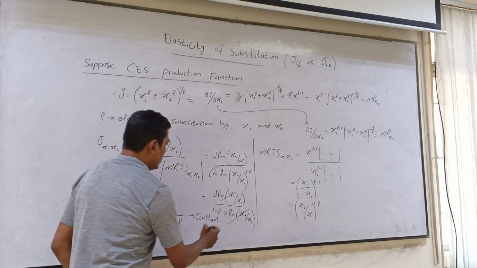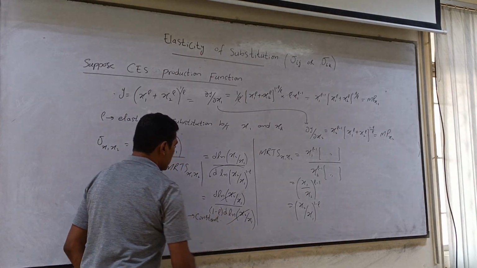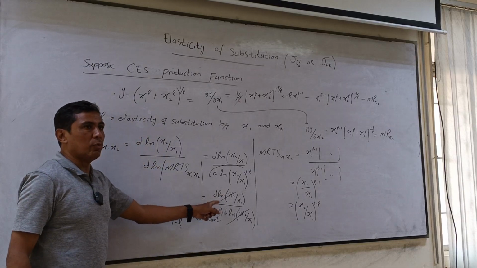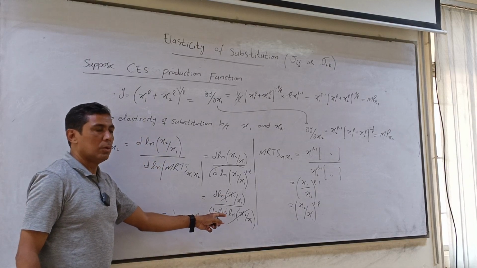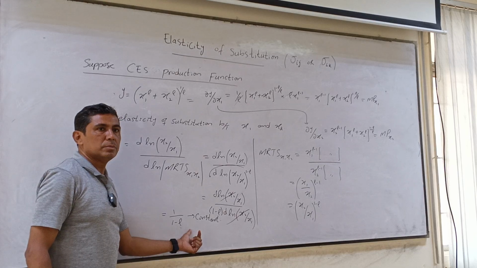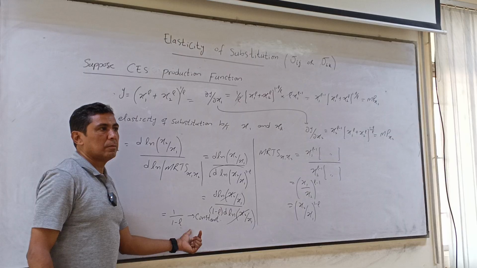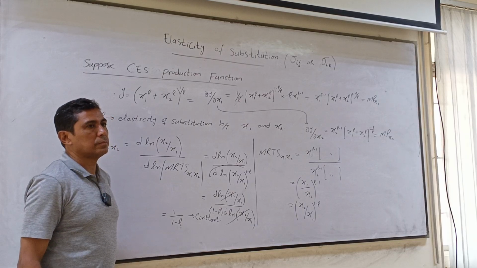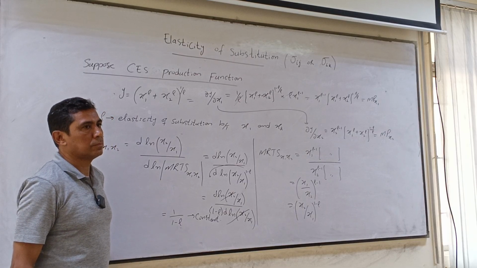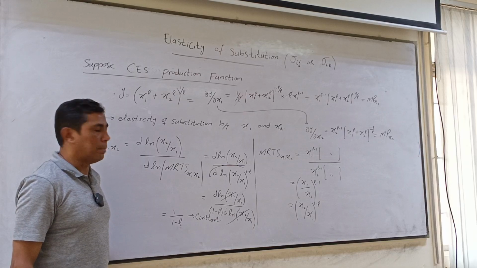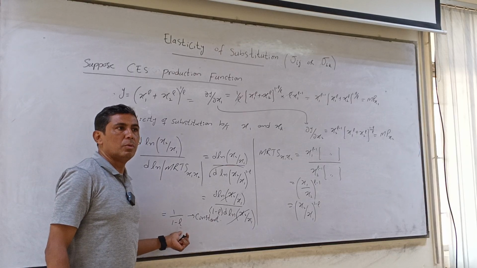Clear? So finally you will have 1 over 1 minus rho, which is a constant value. Clear? Depends on the value of rho.